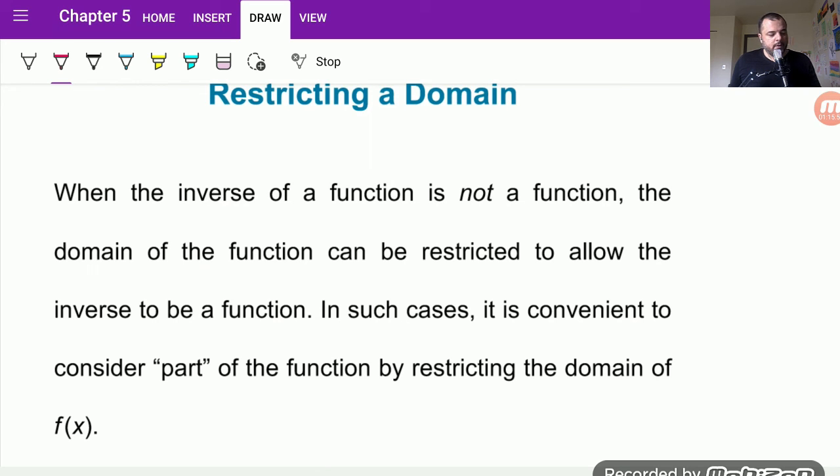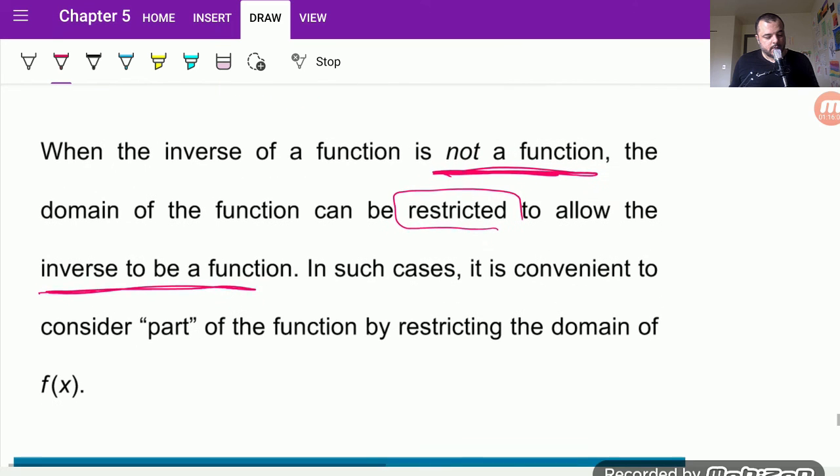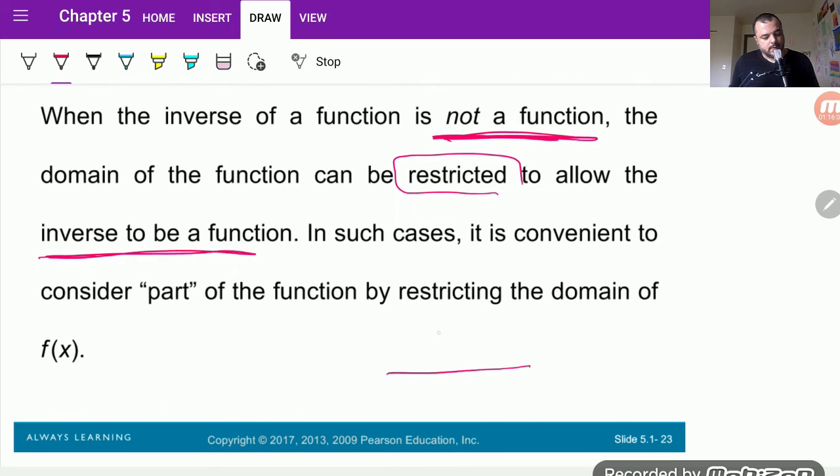Okay, when the inverse of the function is not a function, the domain of the function can be restricted to allow the inverse to be a function. So sometimes the function is not one-to-one, like this. This function is not one-to-one, and the domain is from negative infinity to infinity.